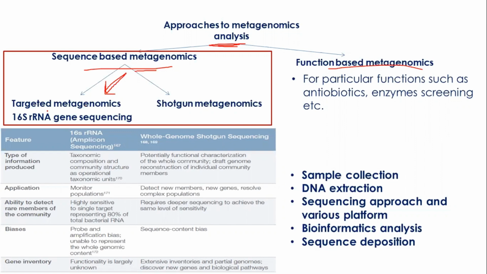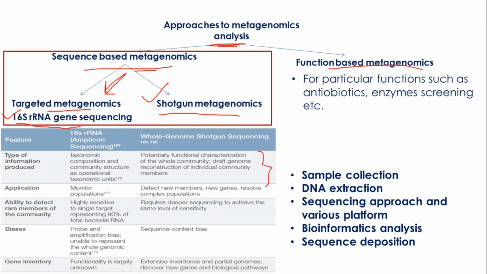First is targeted metagenomics, where you use a molecular marker, for example the 16S rRNA gene, or otherwise you completely sequence the DNA sample and then look into what different kinds of organisms and genes are there. So what is the difference? Here you are only concentrating on the 16S rRNA gene. It means that most of the result you will get is for bacteria and archaea. Whereas in shotgun metagenomics, you are not separating any species.